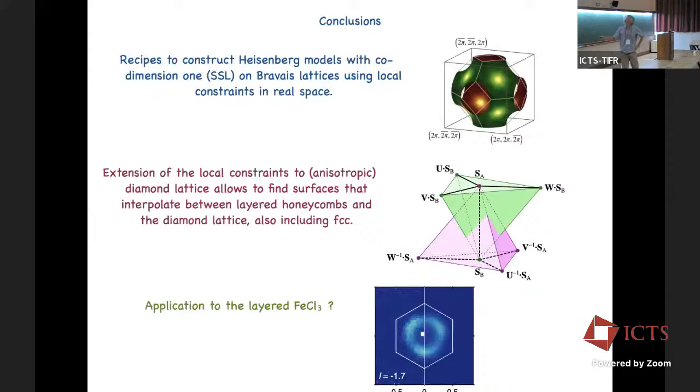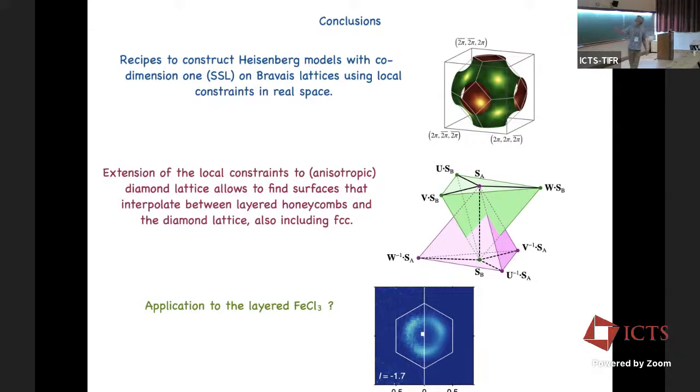So to conclude, the first part was the FCC lattice. We showed that by extending it with J3 and J4, we found new physics. It is not just a trivial extension, but we find incommensurabilities. We find one-dimensional manifolds, two-dimensional manifolds, sub-extensive degeneracies leading perhaps to fractal physics, and so on.